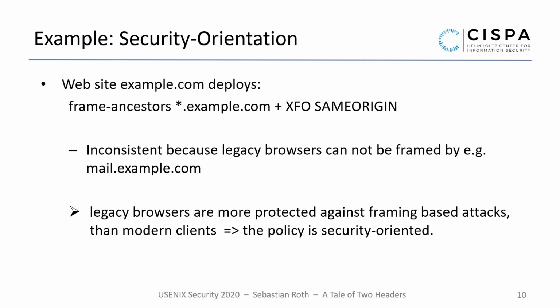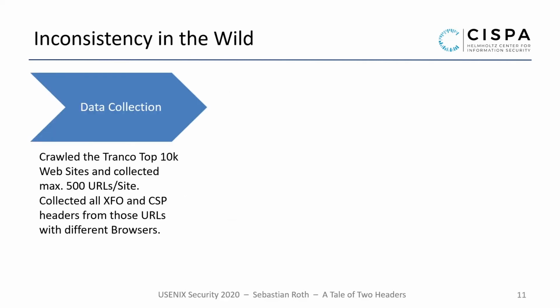As already mentioned in the beginning, we also want to have a look at how inconsistent framing control is deployed in the wild. In order to get numbers about the inconsistencies of framing control in real-world web applications, we started an experiment involving the Tranco top 10K websites. For these websites, we collected up to 500 URLs per site and gathered the framing control headers from those URLs.